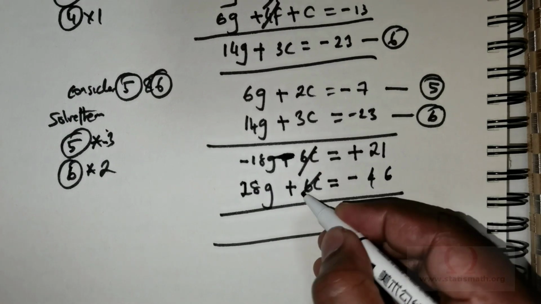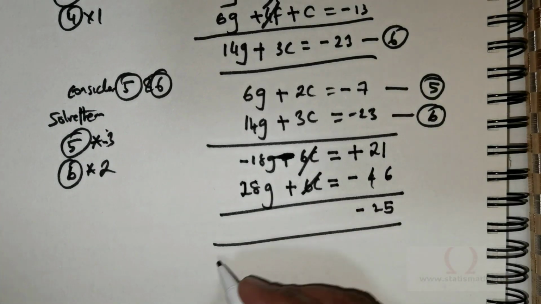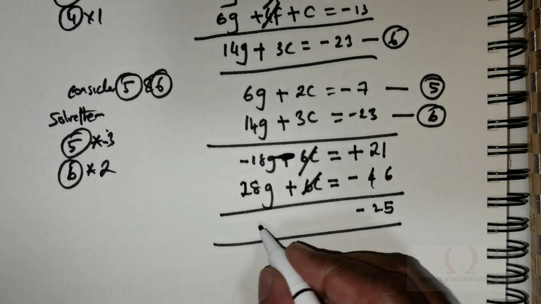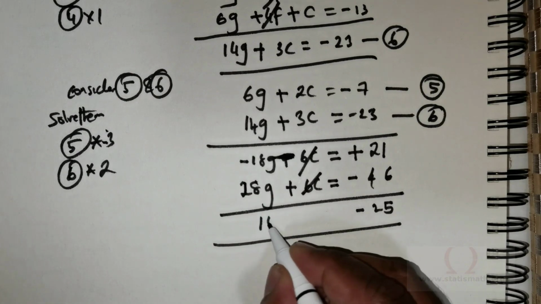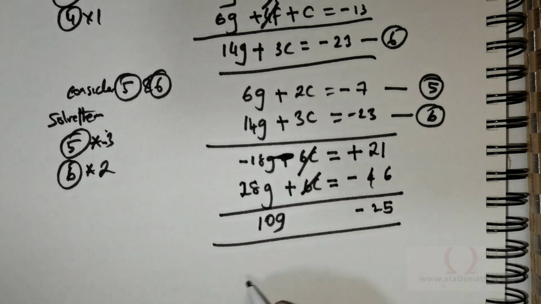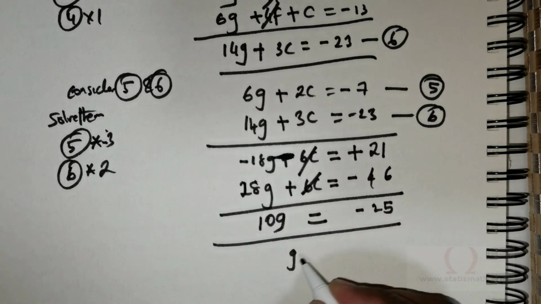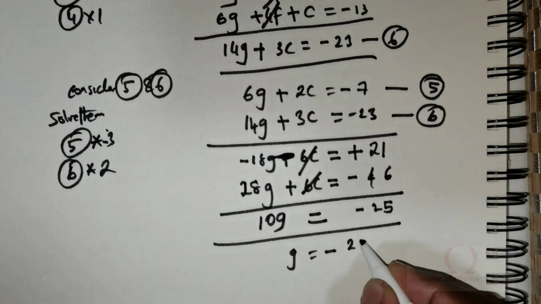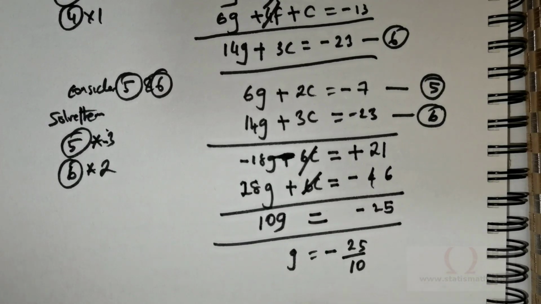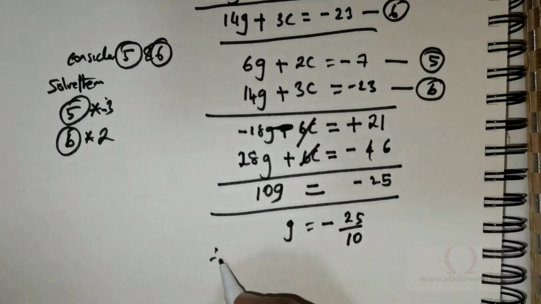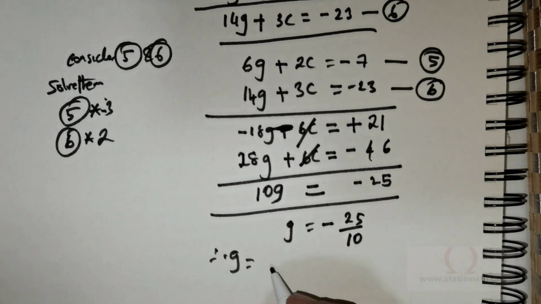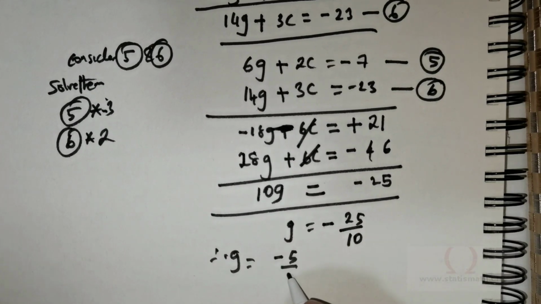So negative 6c, positive 6c gets cancelled. So if I were to add here, this would give me 10. Okay, so 10g is equal to negative 25. So from here, g is negative 25 divided by 10. So therefore, if I were to use 5 to reduce them, I would get negative 5 divided by 2.